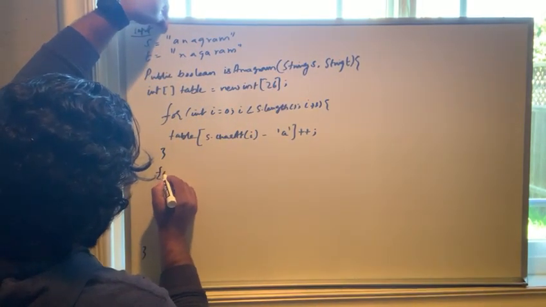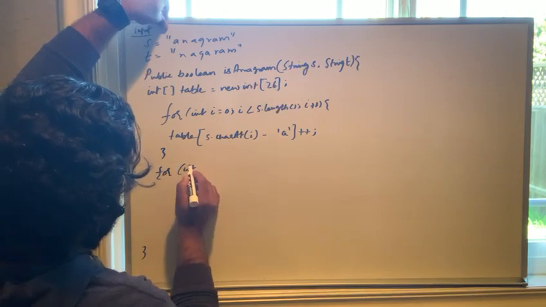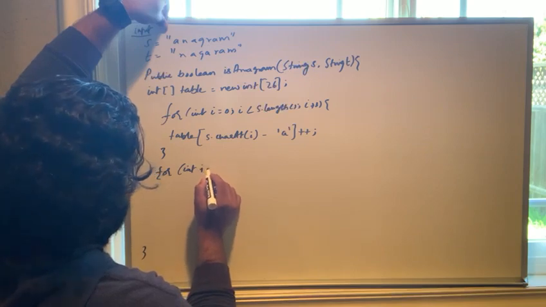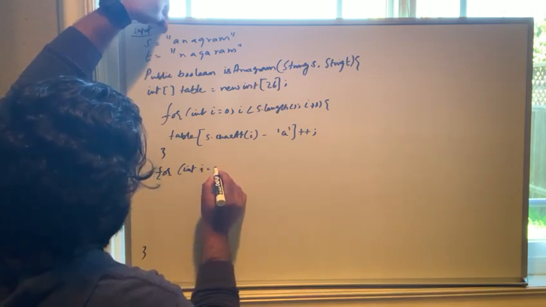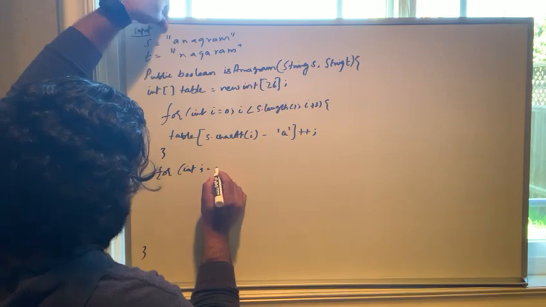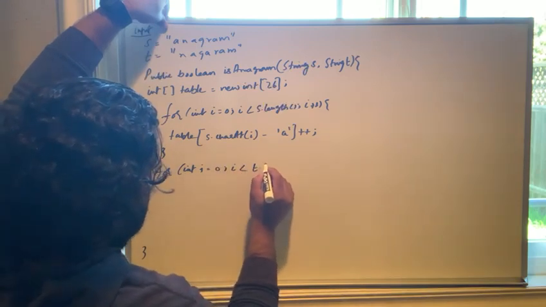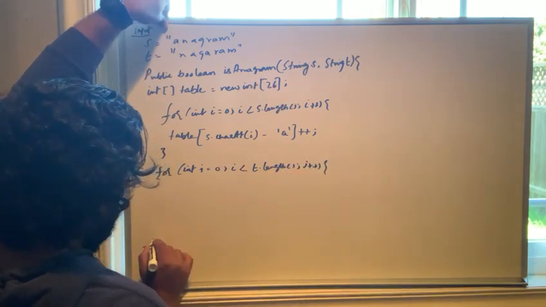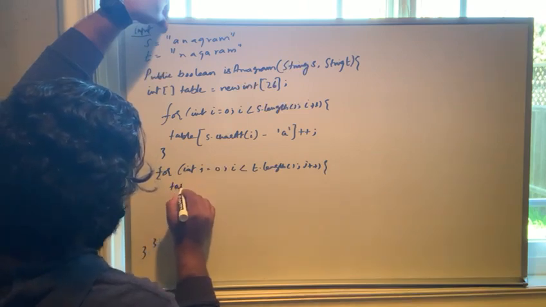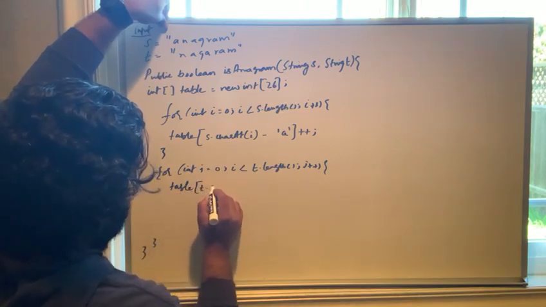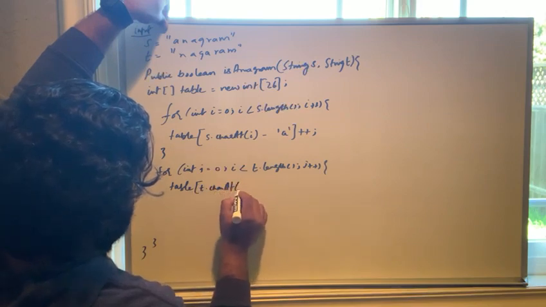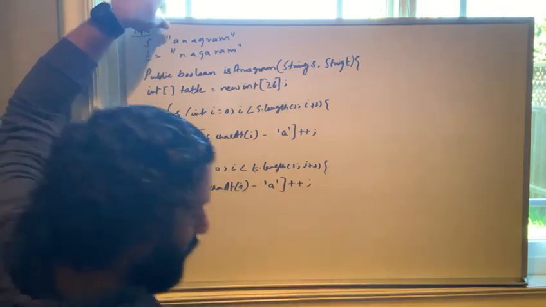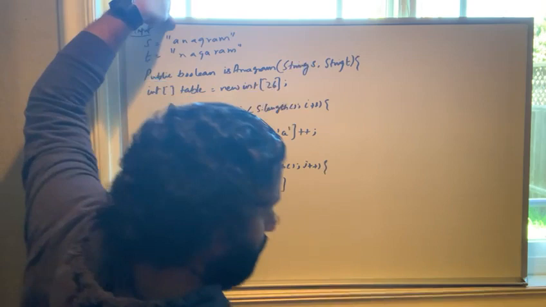And then what I'm going to do is declare another for loop and initialize an index j equal to 0, j less than t.length, j plus plus, and I'm saying table of t.charAt(j) minus 'a', and I'm going to decrement this.